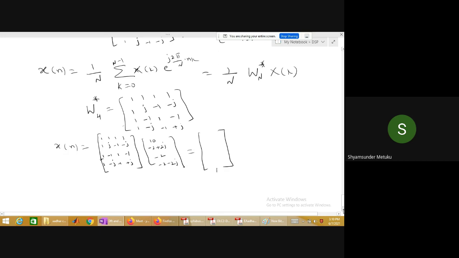Tell me fast. First one is 4. Overall 1 by N also I should do, so 1 by 4 it is. The first one is 4. Correct. Second one?